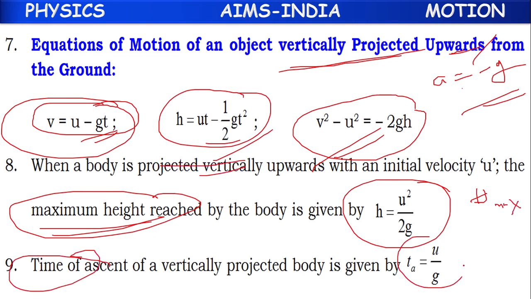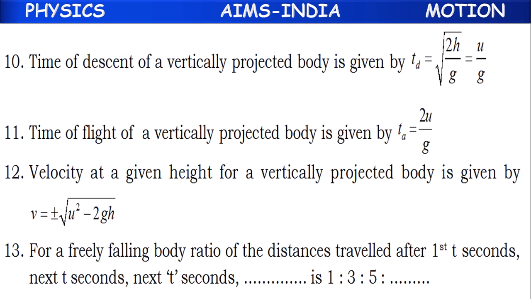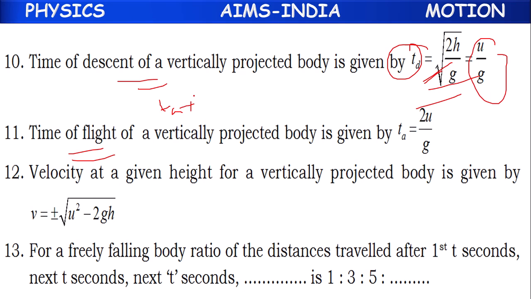Time of ascent, Ta, is u by g. Time of descent, Td, is u by g. Time of flight means time of ascent plus time of descent, the combination of both, Tf equals 2u by g, or capital T.